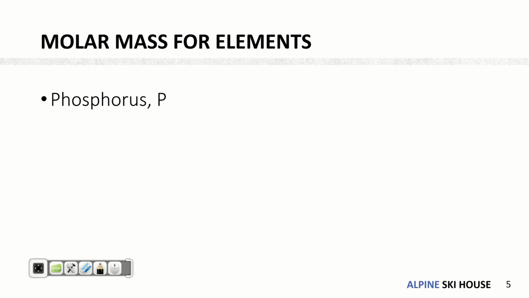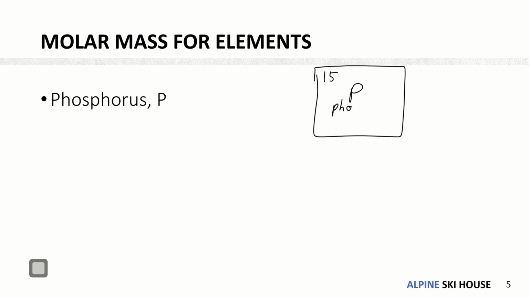So, for example, how can I figure out the molar mass of phosphorus? So what I do is I go to the periodic table and I find phosphorus, which is 15. That's the atomic number. It says the chemical symbol is P, it writes phosphorus, and then there's that number underneath of it that I've said we basically have ignored so far. In Unit 1, we called this the average atomic mass.